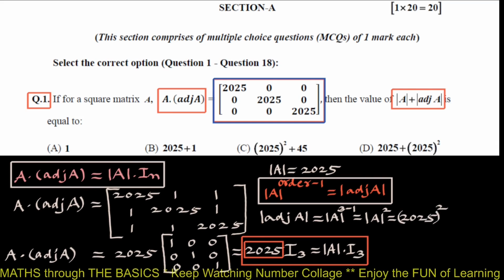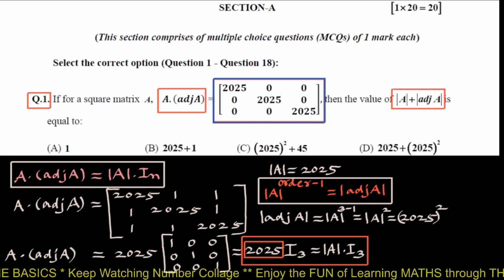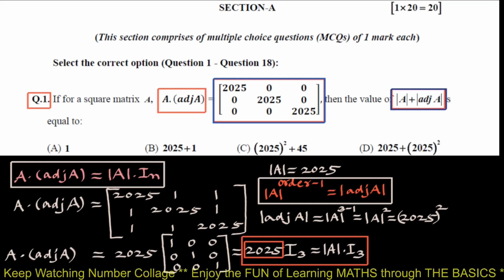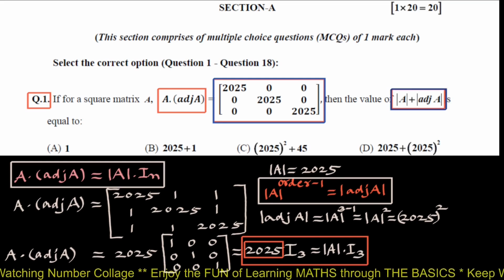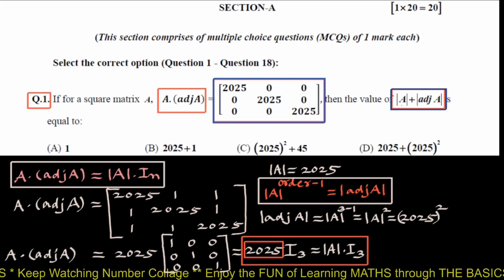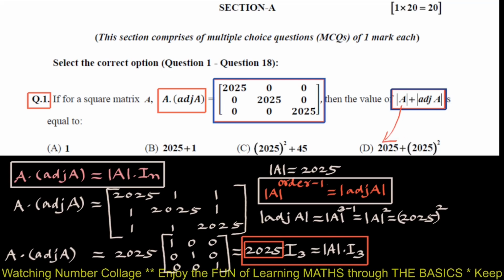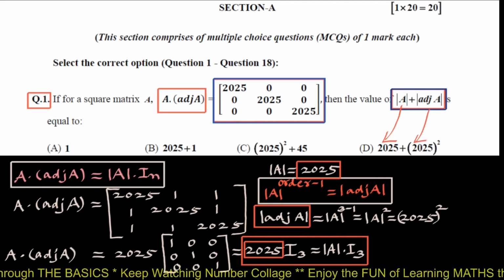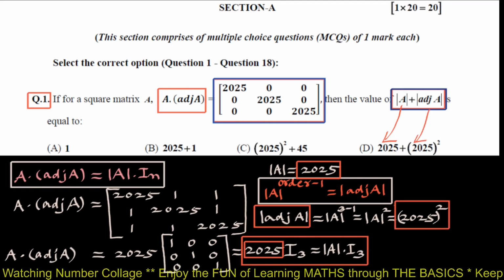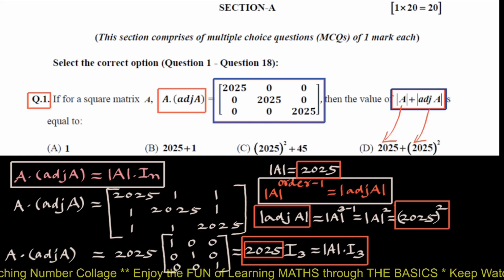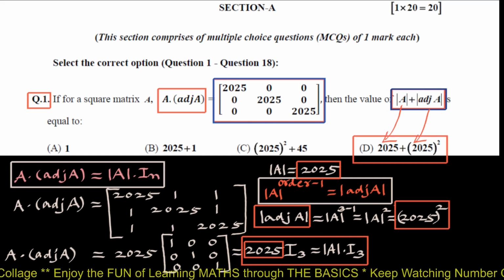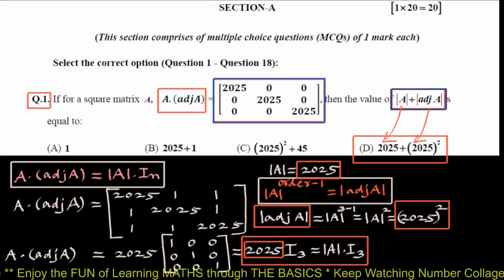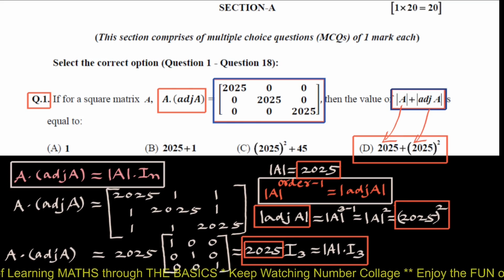Now we have to find the value of determinant of A plus determinant of adjoint of A. So it will be determinant of A, which is 2025 here, and determinant of adjoint of A, 2025 square here. So the correct answer option is B, 2025 plus 2025 square.